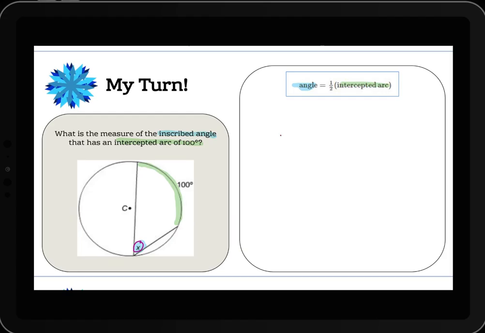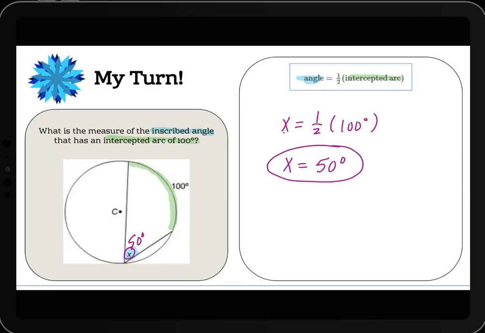So the value of x is going to equal 1/2 of 100 degrees. That means the inscribed angle is going to be 50 degrees. Easy, right? It's just half of the intercepted arc.